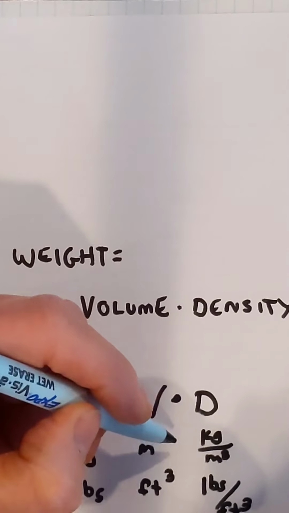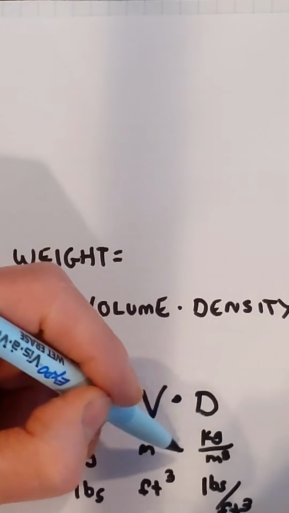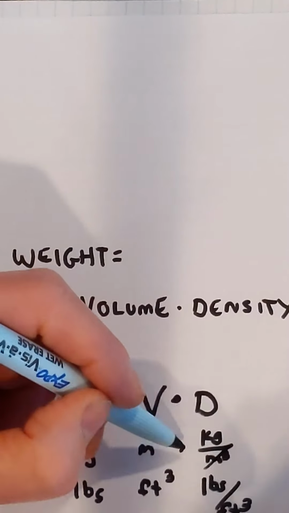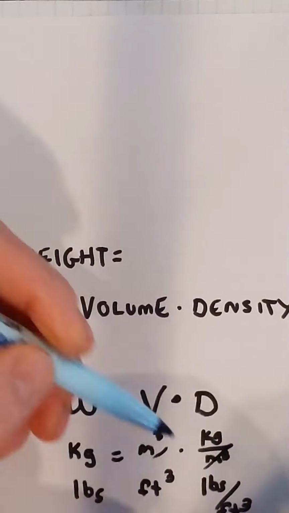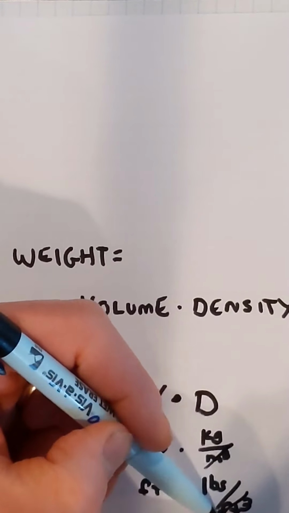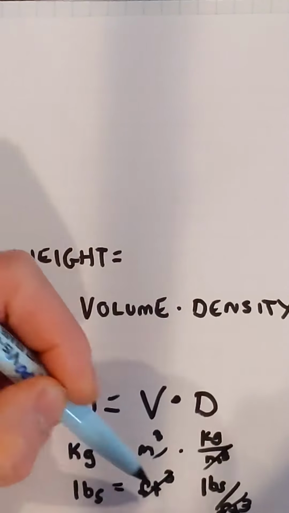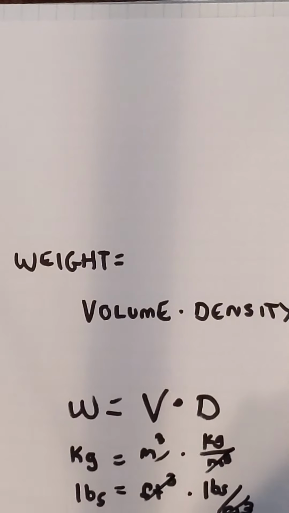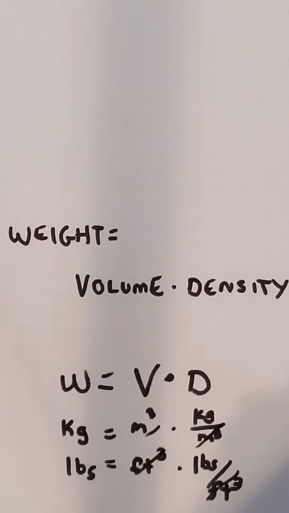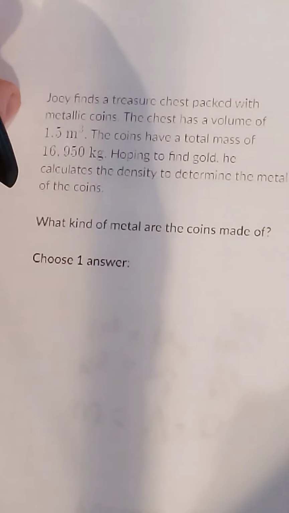The relationship works because when you multiply kilograms per meters cubed times meters cubed, the meters cancel. That leaves you with kilograms. Or with a density of pounds per feet cubed, you multiply times feet cubed, you get pounds. But the key thing to remember is that weight equals volume times density.